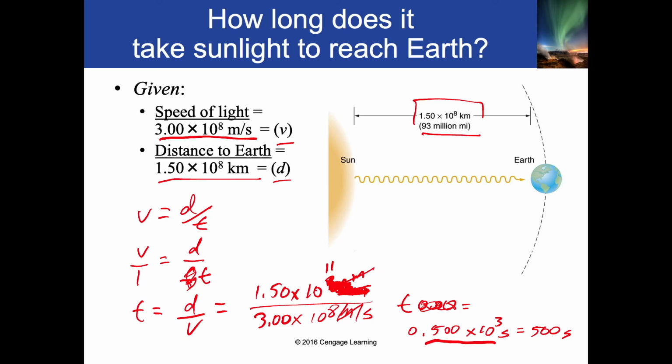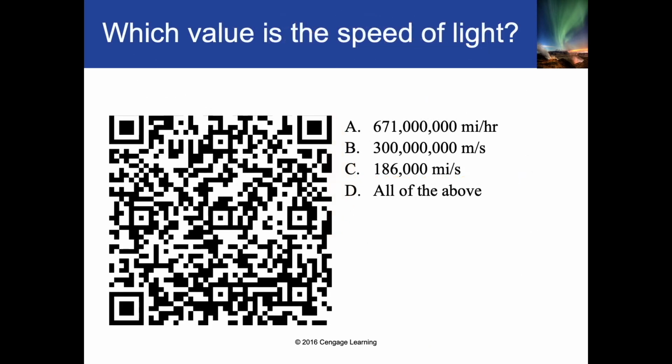Literally, it's distance divided by speed. I guess the hardest part of this was to convert kilometers to meters, but literally it's only 3 spots away. So you just have to add on 3 to the exponent. And so there it is. 500 seconds. Good job, team. All right. Next question.